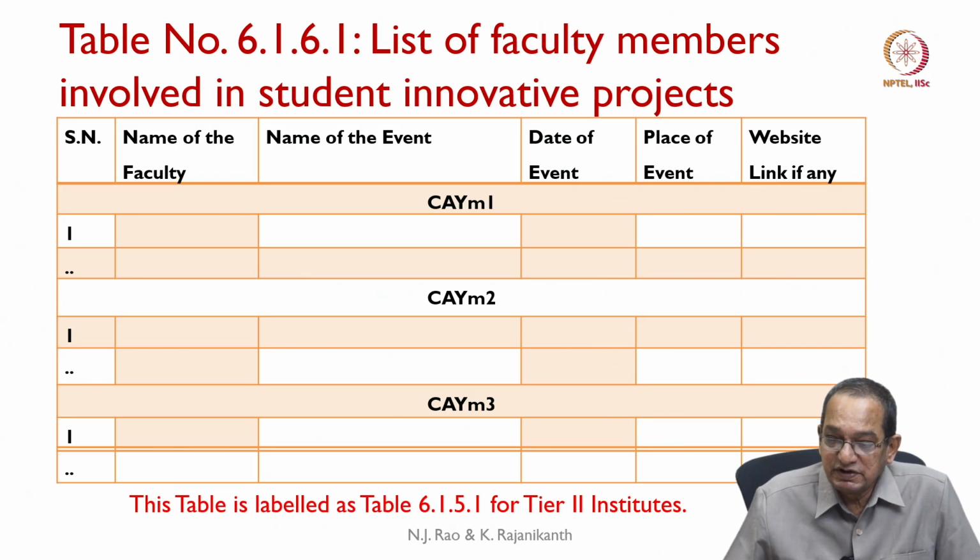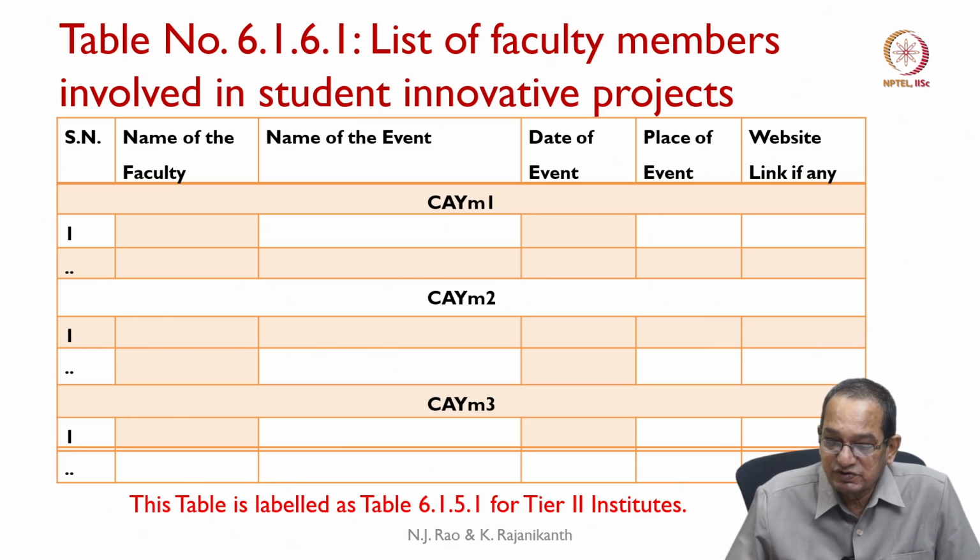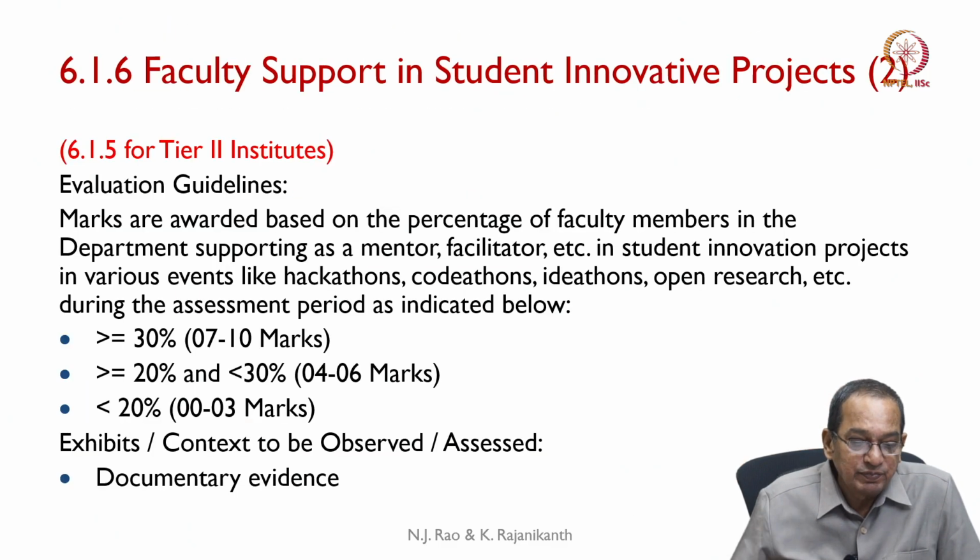That helps the visiting team to go through that link and see what actually happened during that event. Of course, not every event may have a website link available, but if it is available, provide that link. So, provide this data and the table is same for tier 2 but labeled differently.